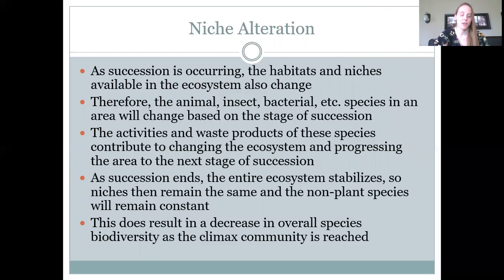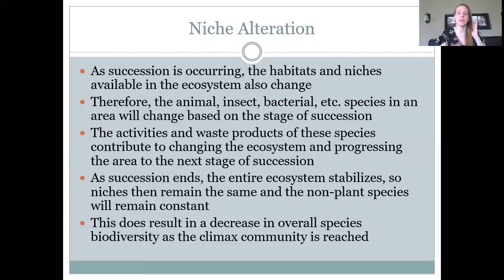You don't have the wide variety of plant life that you did in the young forest stage and even the shrub stage, because you now have these dominant tree species that can outcompete a lot of the other plant species in the area, and you're not going to have this constant transitioning of different species coming into and out of the area.